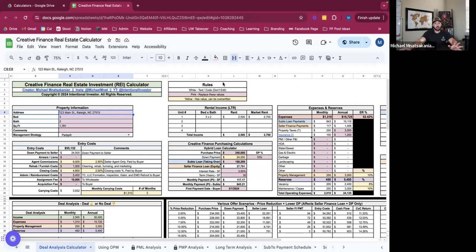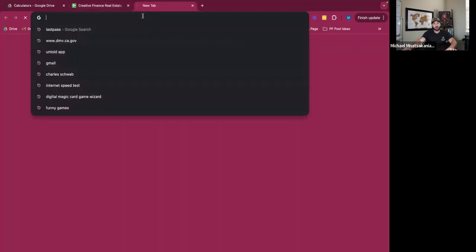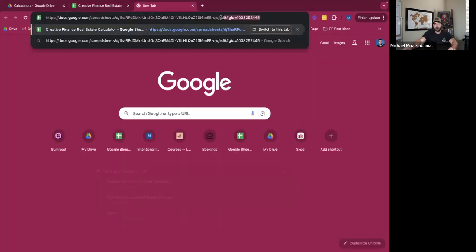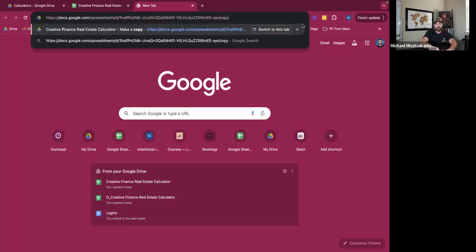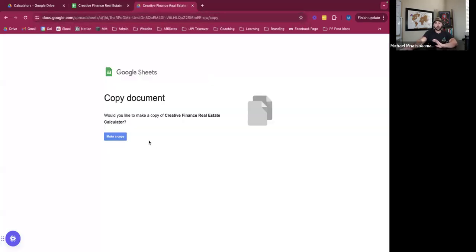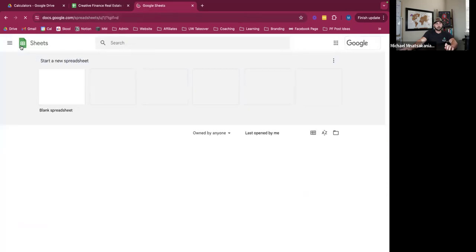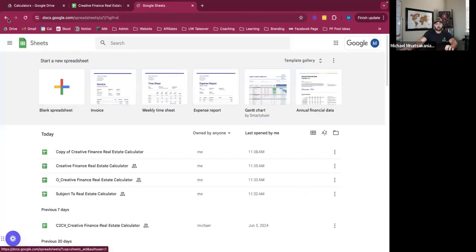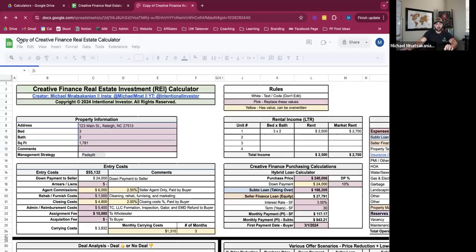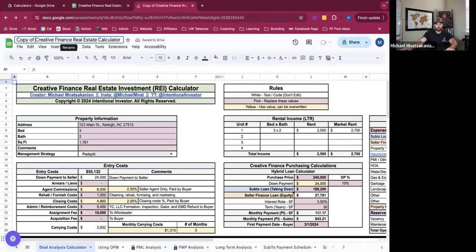So as always, the first step you do when you get my calculator, right? This is the page you guys are going to see. If you have my calculator, whether it's the free one or the paid one, your page is always going to look something like this. You're going to come here, you're going to click make a copy. All right, let's change the name to Peter Demo.